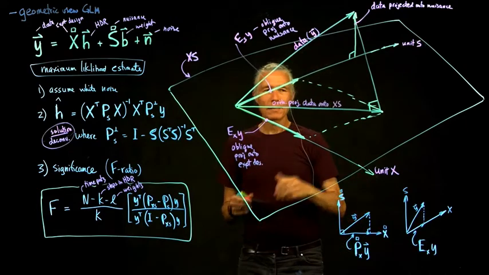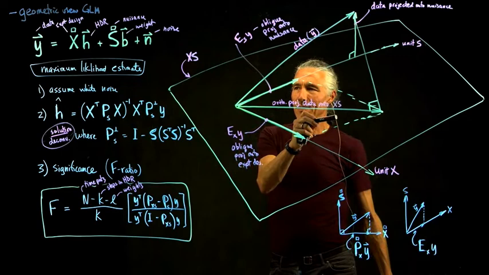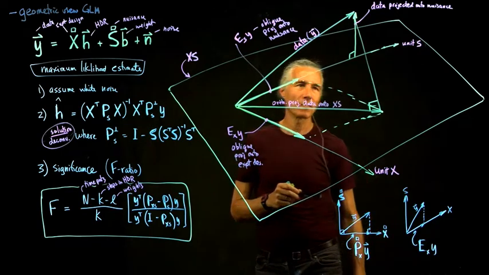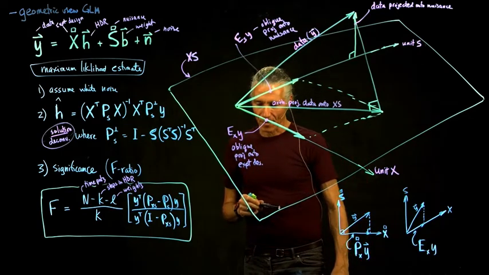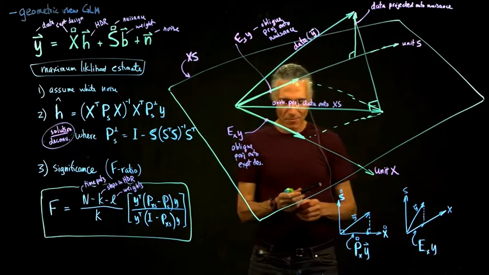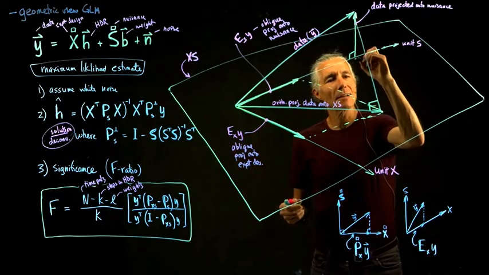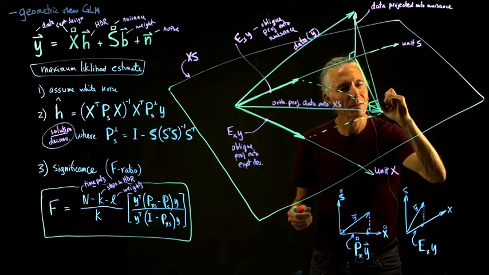So that's how much of the data that the nuisance plus the experimental design can explain. We're almost done. And then there's one last vector, which is the one we really want.